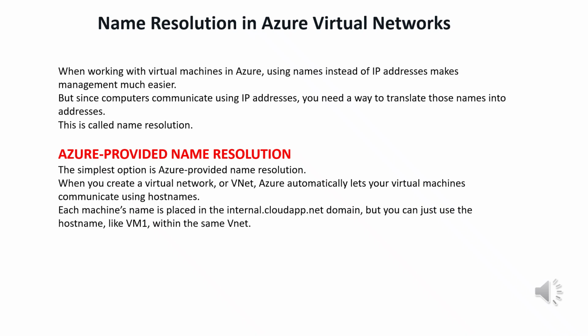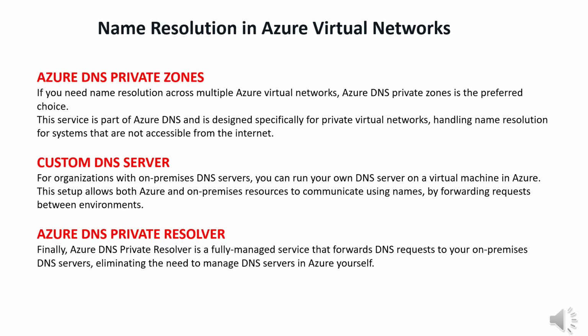If you need name resolution across multiple Azure virtual networks, Azure DNS Private Zones is the preferred choice. This service is part of Azure DNS and is designed specifically for private virtual networks, handling name resolution for systems that are not accessible from the Internet. For organizations with on-premises DNS servers, you can run your own DNS server on a virtual machine in Azure.